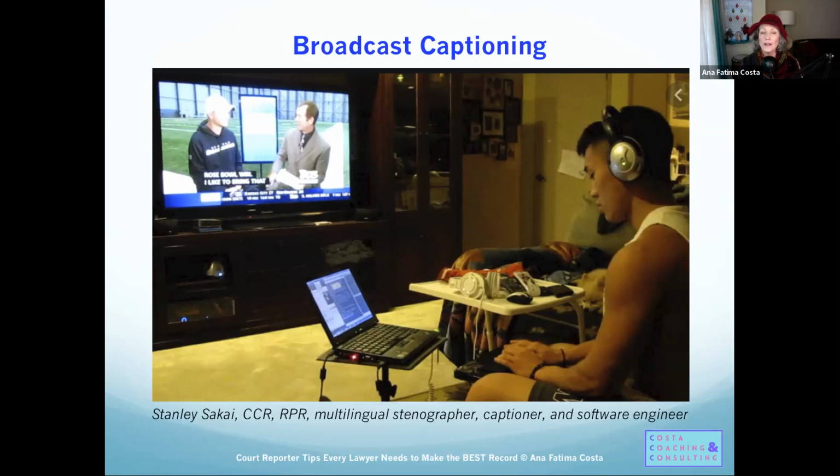He holds two certifications, certified court reporter from the state of Washington, and the registered professional reporter, which is given by the NCRA, the National Court Reporters Association. He speaks multiple languages, able to write in those multiple languages. He's a stenographer, a captioner, and a software engineer. And here he is at home capturing the record, and it's being broadcast to the news.